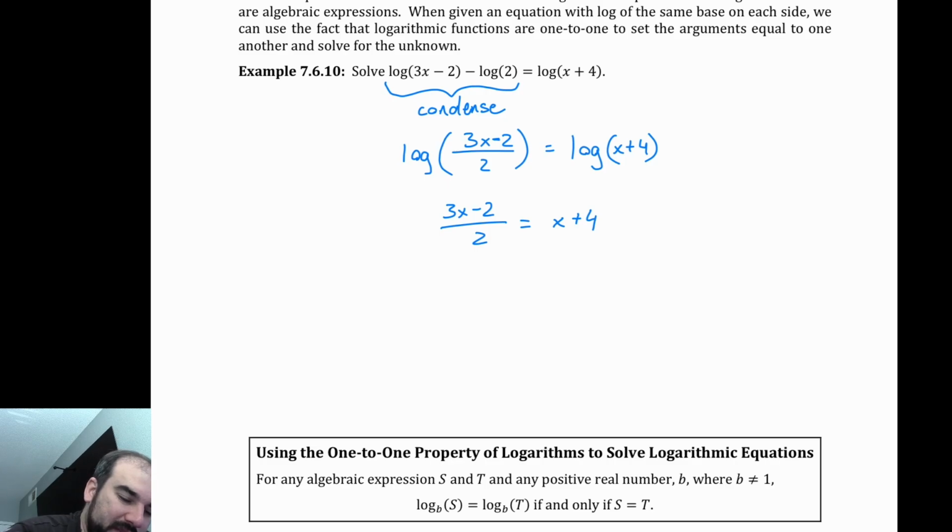We start with getting rid of that 2 in the denominator by multiplying both sides by 2. We get 3x minus 2 equals 2x plus 8. We distribute the 2 on the right side, then subtract the 2x, add 2 to both sides, and we'll be done, because we get x equals 10.